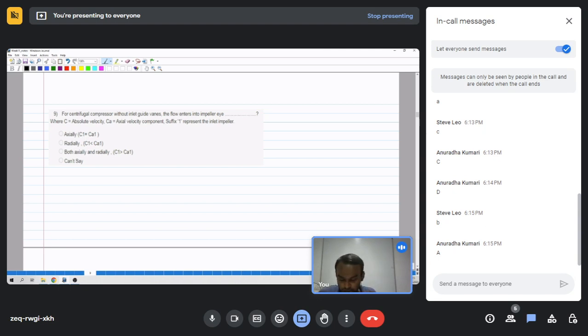Yeah, option A is correct, because for a centrifugal compressor we have the impeller eye, and we assume the fluid enters axially, and we can assume C1 is equal to CA1. The total velocity has no radial component; that component doesn't exist, and there is only the axial component.